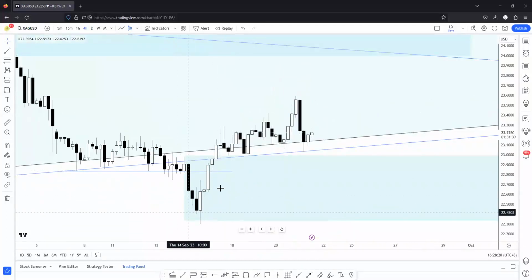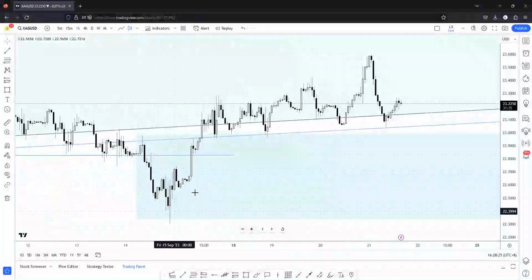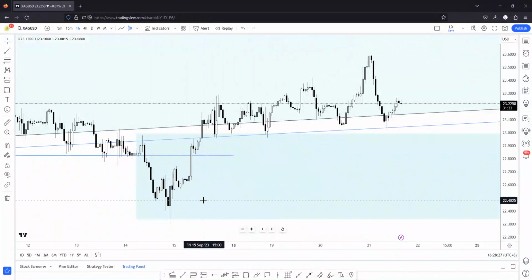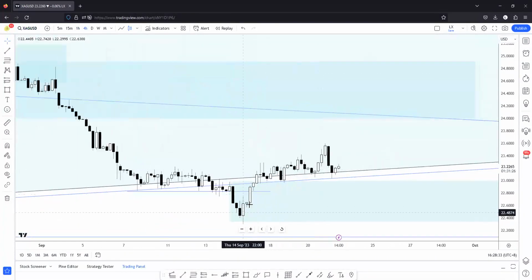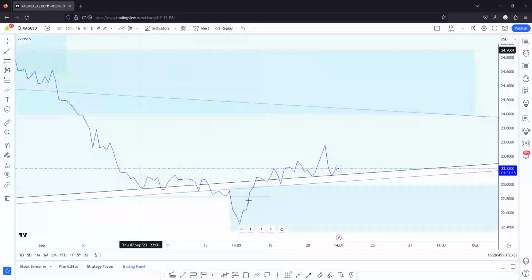If I narrow down this move on the 4 hours or 1 hour time frame, you can see that this demand area that we narrowed the region to, this whole move that we have, can be narrowed down to this move here. Essentially what we have is price forming bearish structure, and then we see a break to the upside.